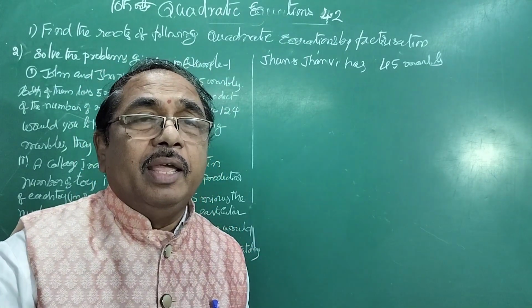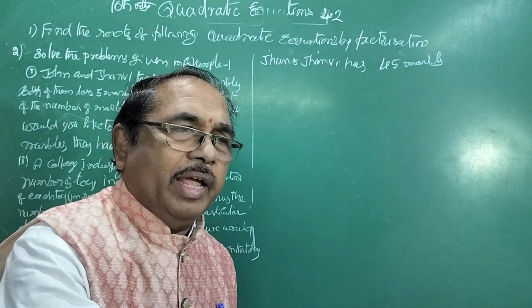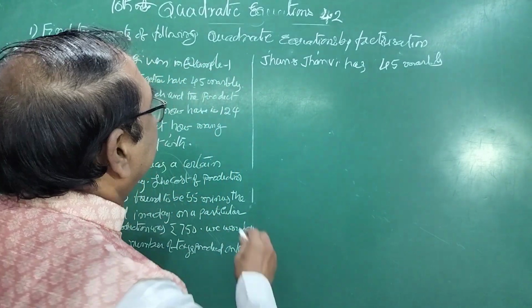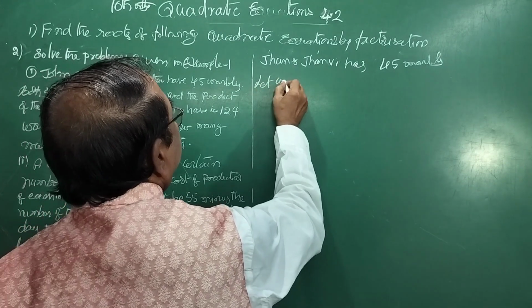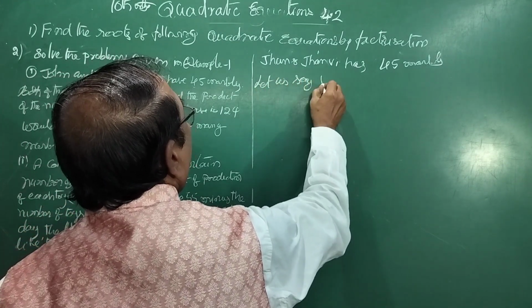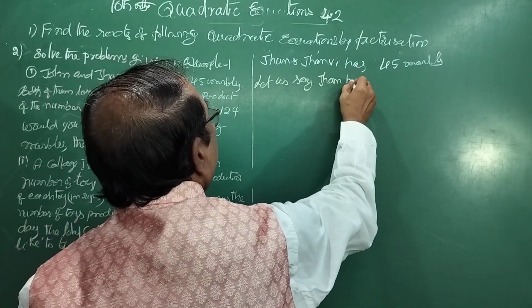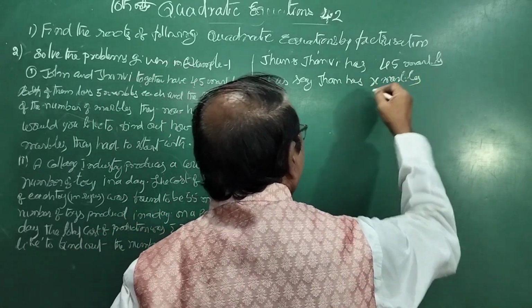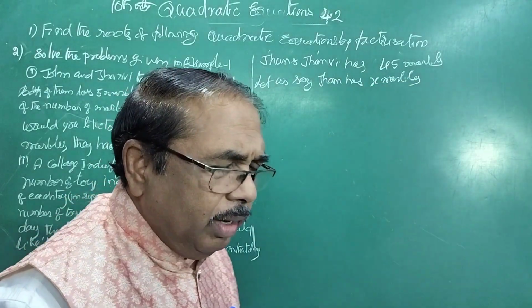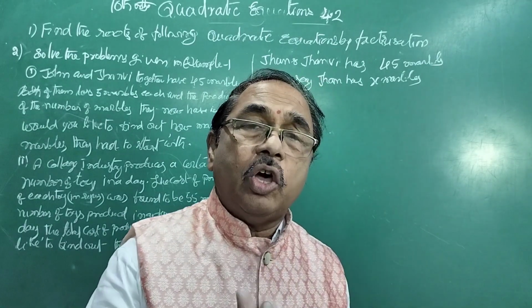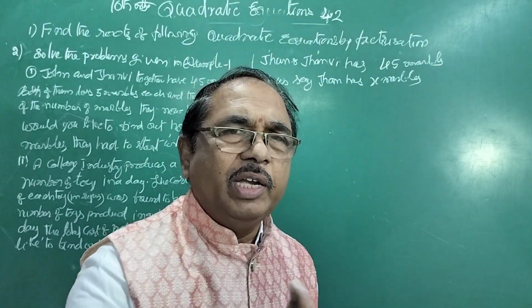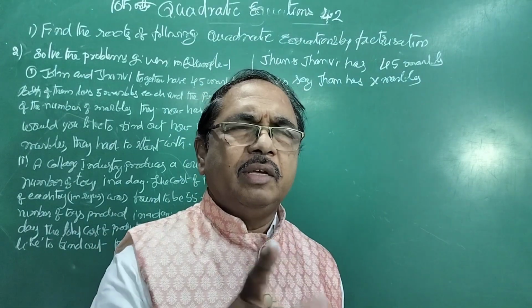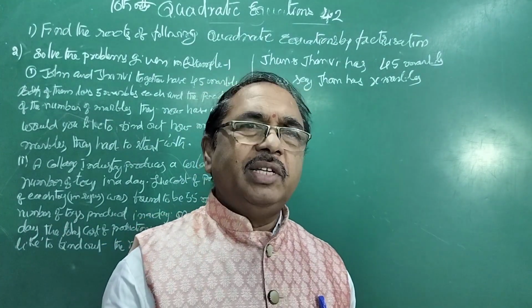Let us say John has x marbles. Of the total 45 marbles, John has x, so if we subtract x from 45, the remaining are Janvi's. Isn't it?